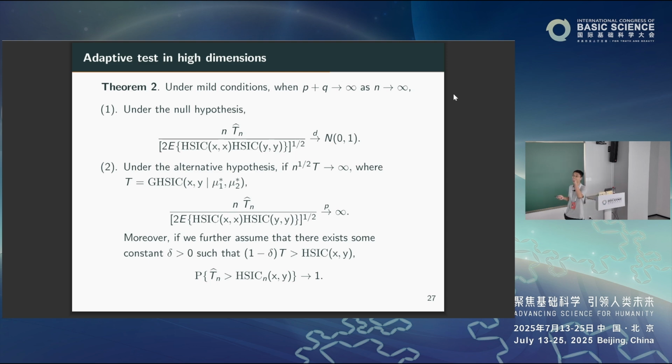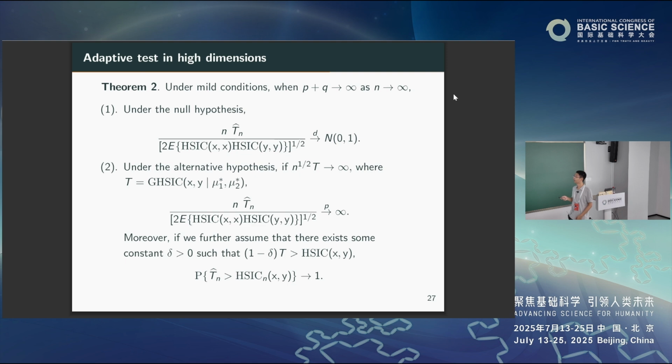This is the theoretical result for our adaptive test in high dimensions. First, we show that under the null hypothesis, the scaled version of the test statistic will converge in distribution to a standard normal distribution.